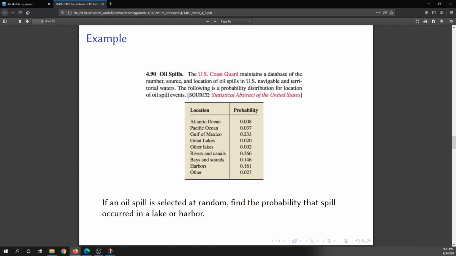All right, next example is about oil spills. This one says, the U.S. Coast Guard maintains a database of the number, source, and location of oil spills in U.S. navigable and territorial waters. The following is a probability distribution for a location of oil spill events.